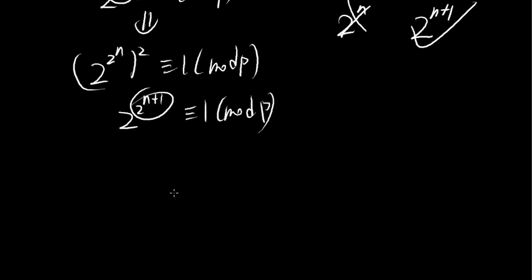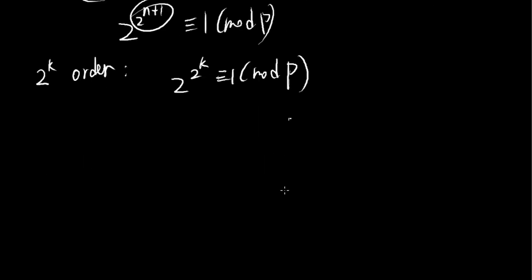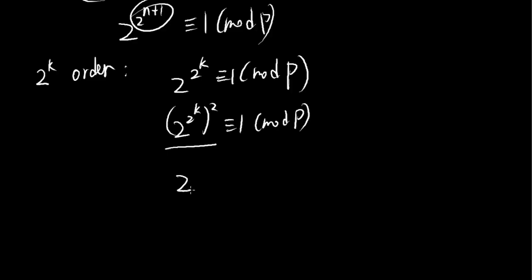How can we prove this? We can prove it like this. Say we take 2 to the power of k as the order. Then 2 to the power of 2 to the power of k is congruent to 1 mod p, right? But here is the thing. We can always square it, and this is still congruent to 1, right? And when we square it, essentially we are adding 1 to k.